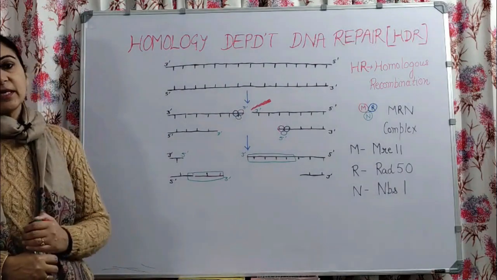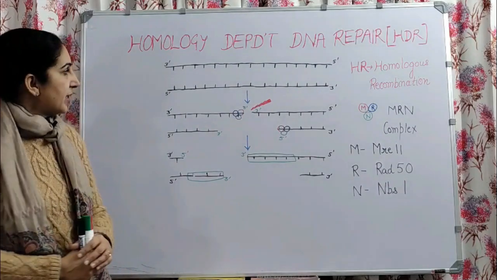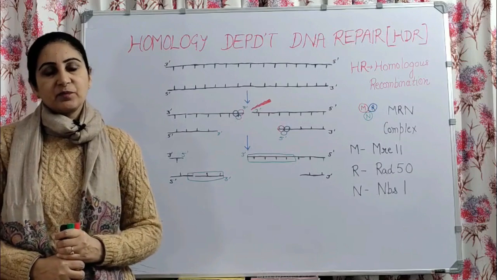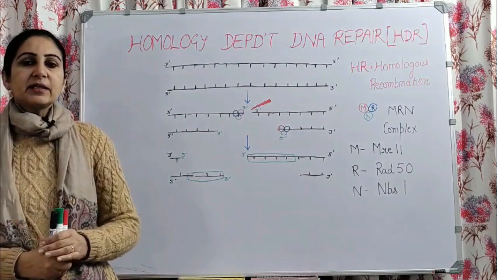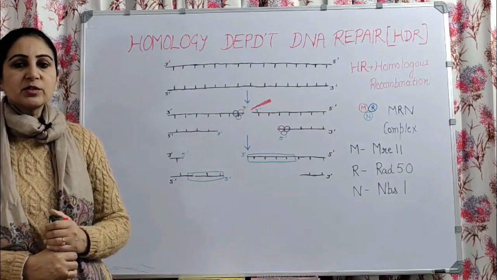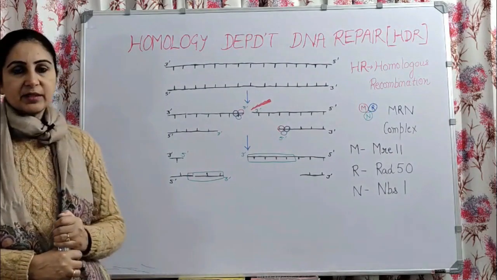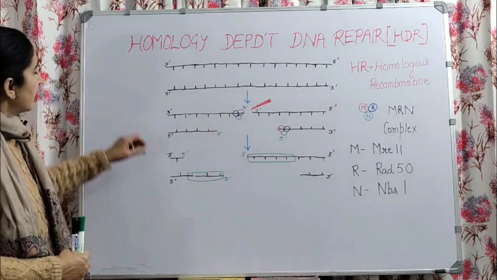This kind of repair takes the help of homologous chromosomes, or it can take the help of the sister chromatid also. That means we just need a strand of DNA that has the same sequence of nucleotides as are present in the defective strand. So let's see how it occurs.